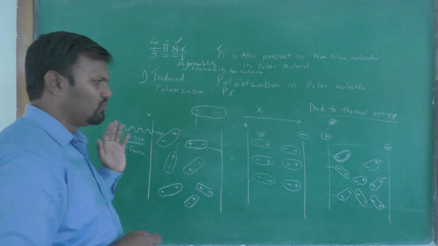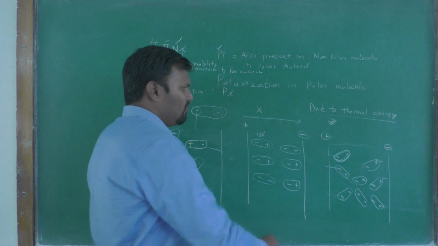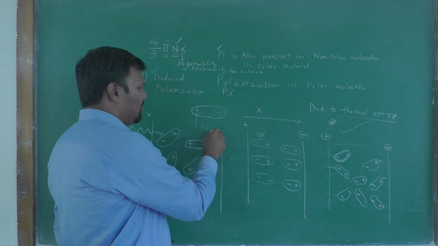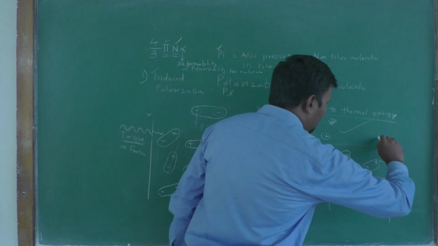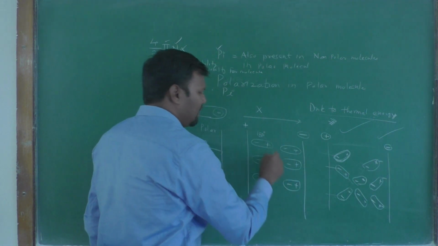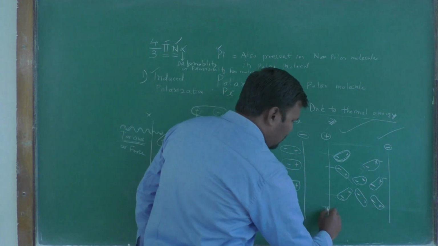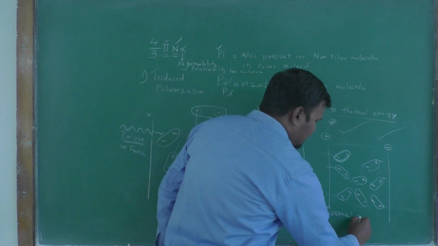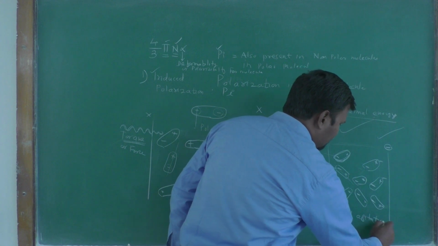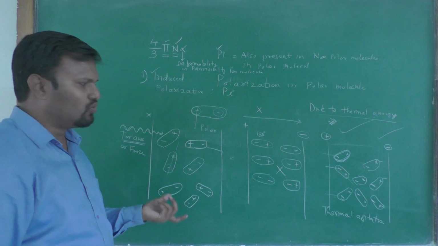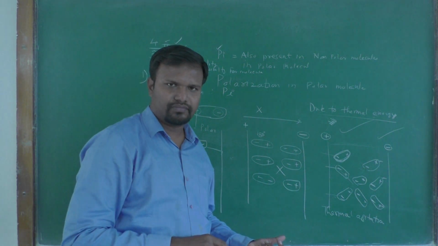Therefore, when you apply the electric field to a polar molecule, it is oriented like that, and not oriented fully like that. Why? Because of thermal agitation. Thermal agitation means the molecules or dipoles vibrate due to thermal energy.